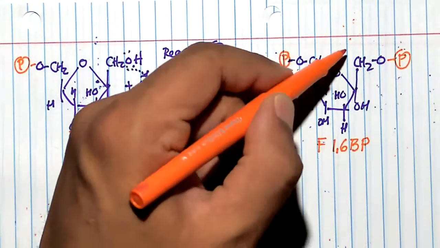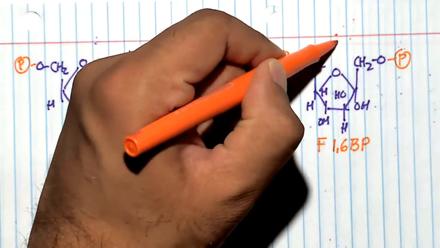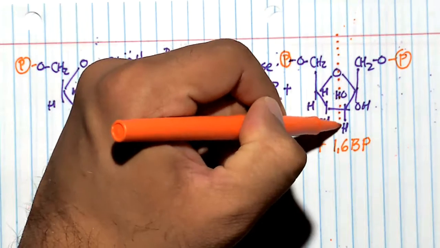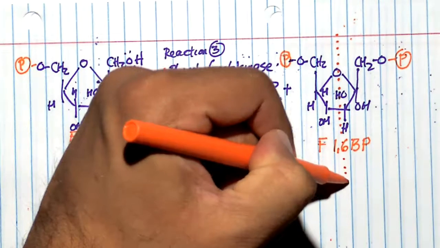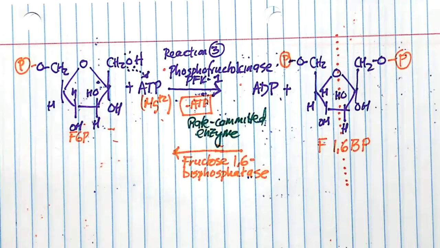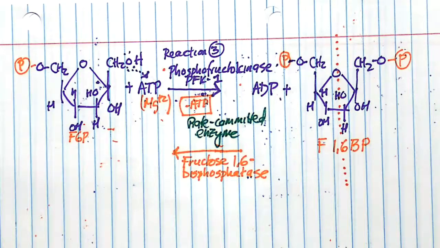We do an aldol cleavage. So for reaction 4 of glycolysis, we're going to cut the molecule right across this plane, okay, and get 2 molecules. Each molecule is 3 carbons. All right, so that's reaction 4 of glycolysis.